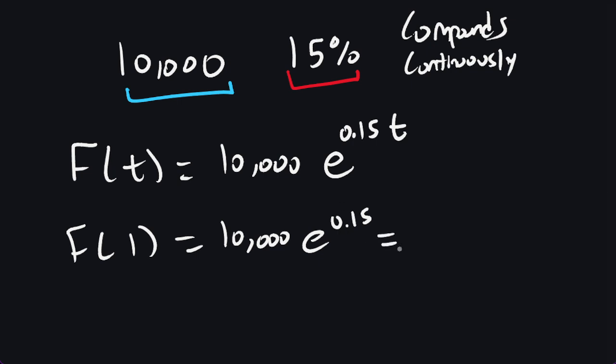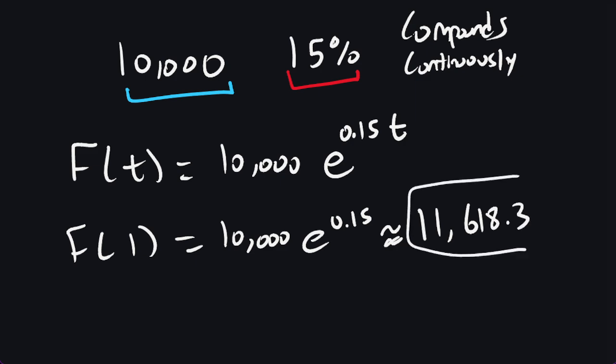And if you go ahead and throw this in a calculator, you will get 11,000, not equal to, but it's an irrational amount, but it's approximately 11,618.3. Whereas if we compounded yearly, we would have 11,500. But since we're compounding continuously after 1 year, we have $11,618.30 roughly.